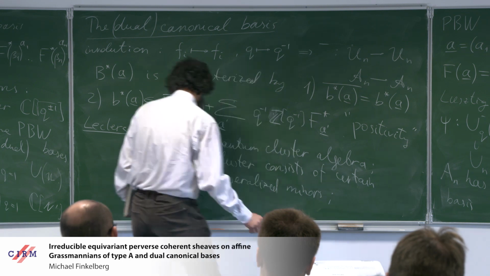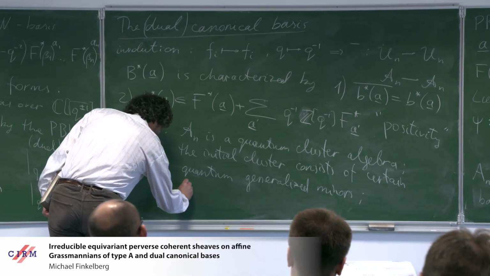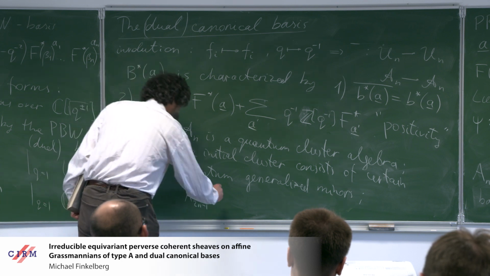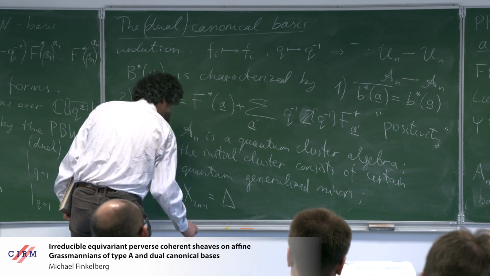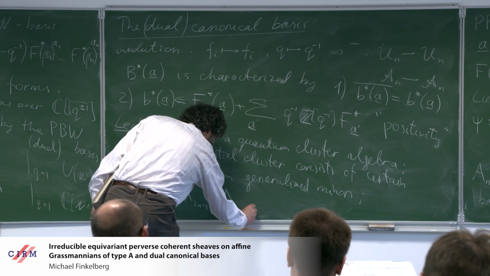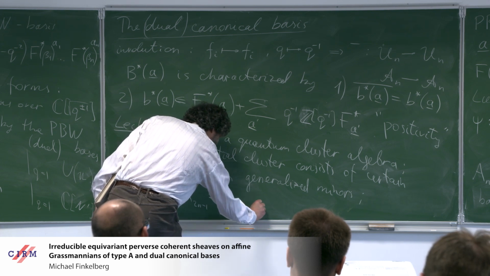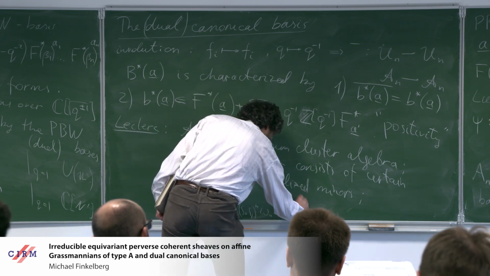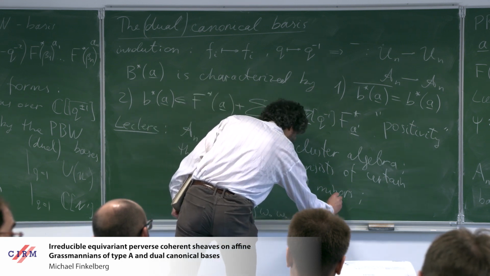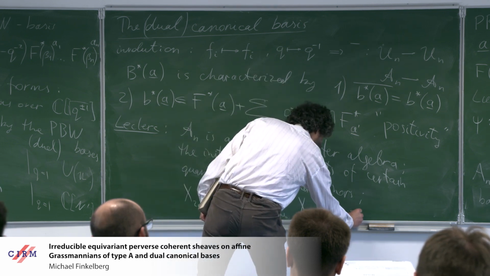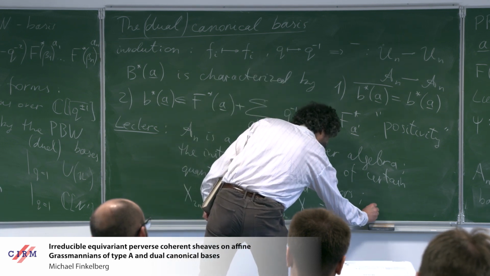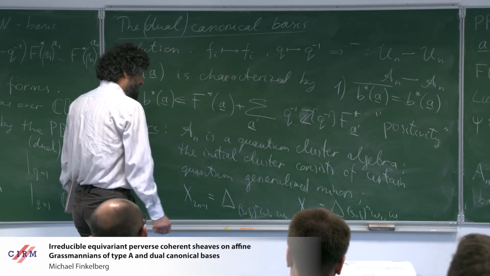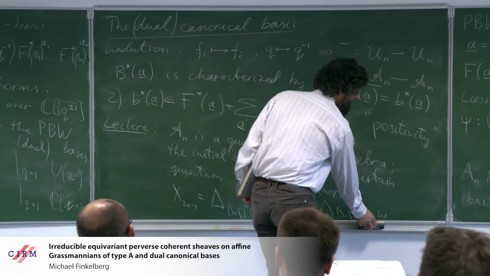In particular, the last two variables: x2n minus 1 is just some generalized minor s0 s1 to the power n omega naught, and x2n is another generalized minor s0 s1 to the power n omega 1, and these two are frozen variables again.